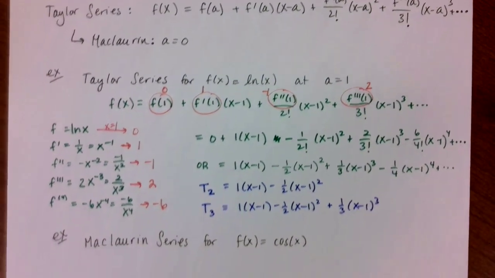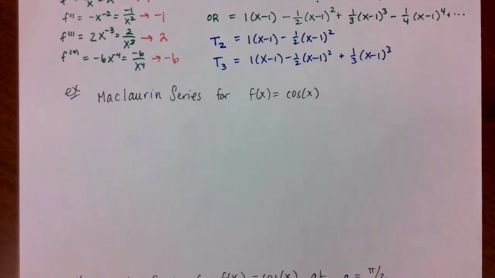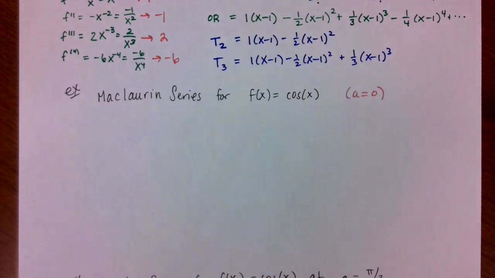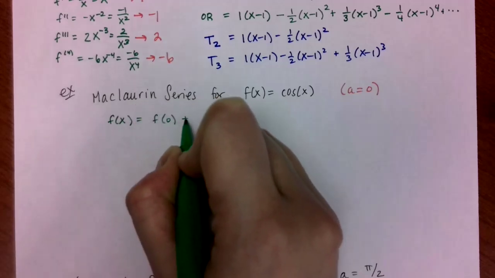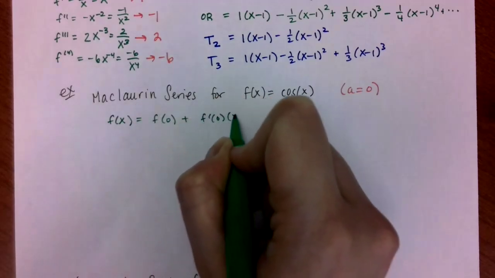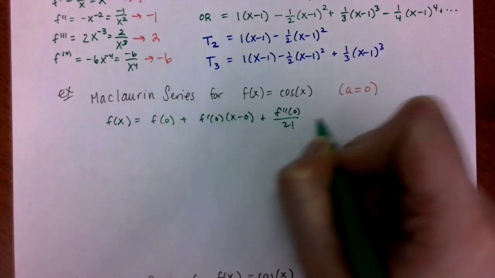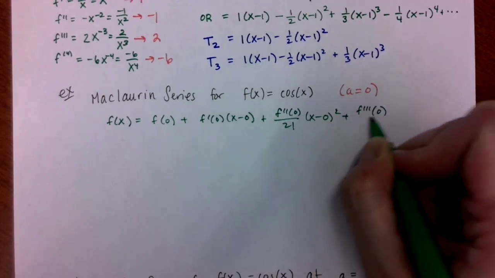All right, my second example, as we saw before, is a Maclaurin series for cosine. And we want to remind ourselves when they say Maclaurin, the implication is that the a value in the Taylor series formula is 0. So that means we would have f of 0 plus f prime of 0, x minus 0, plus f double prime at 0 over 2 factorial, x minus 0 squared, and so on.